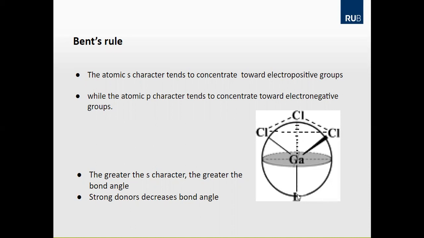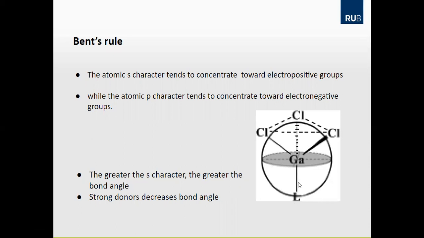And when there is more s character here, then the s character between gallium and chlorine will be less. So when the s character decreases, the angle decreases, because the s character has a direct relation with the bond angle.